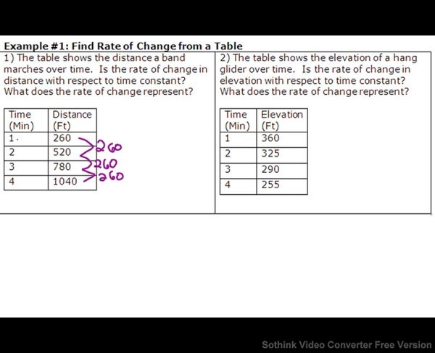With my x values, from 1 to 2, I'm going up 1. From 2 to 3, I'm going up 1. From 3 to 4, I'm going up 1. The rate of change means the change in y over the change in x.